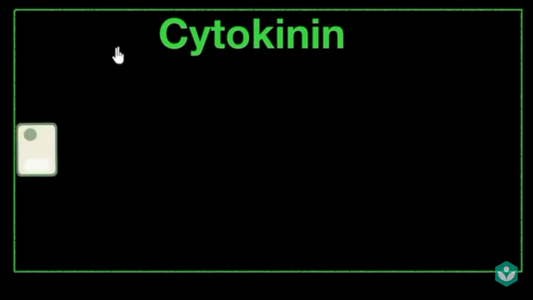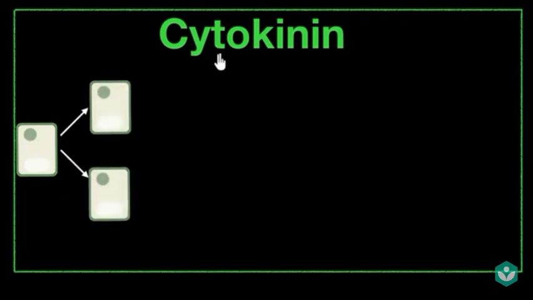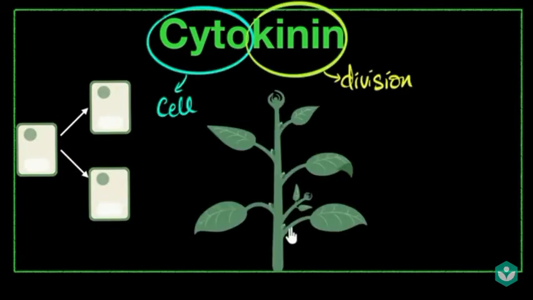If a cell contains cytokinin in it, the cell will divide into two. This cytokinin is mostly responsible for producing new cells in plants, or for cell division. Without cell division, the plant will not have new leaves, fruits, and the plant will not grow.